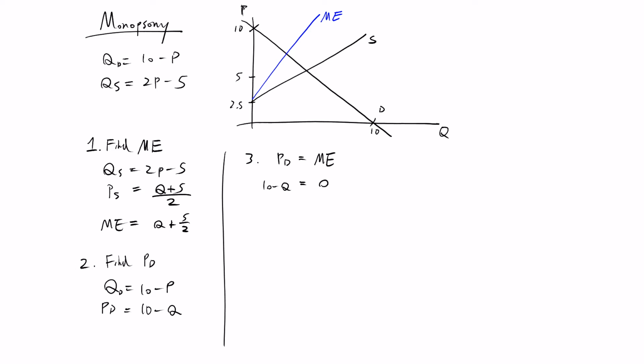So 10 minus Q equals Q plus 5 over 2. Rearranging gives you Q equals, no, not 25, you have 15 over 4, I think. 2Q equals 10 minus 5 over 2, that's 20 over 2 minus 5 over 2, that's 15 over 2, then you divide by 2, which is 15 over 4.